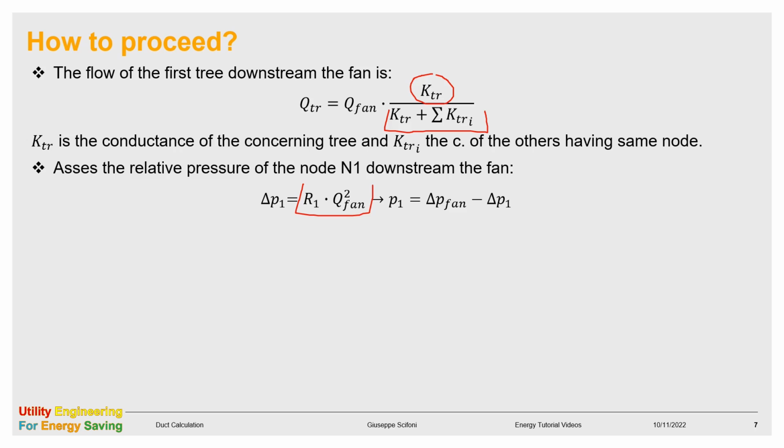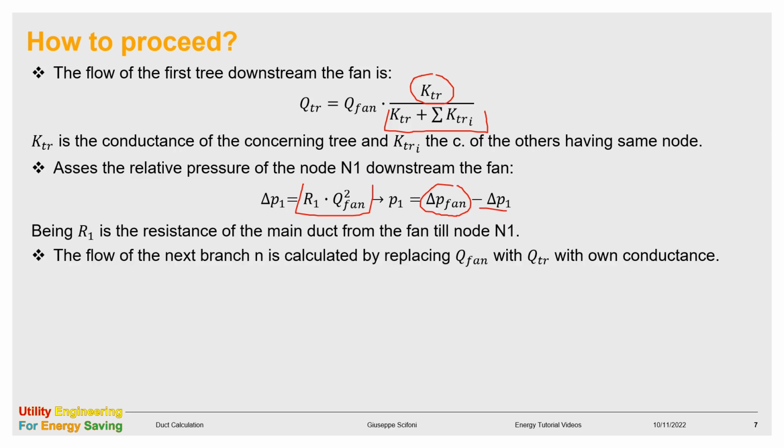The pressure of the node is the difference between the delta P of the fan and the delta P calculated aside. The flow of the generic branch N is calculated by replacing Q fan with Q of the tree, with their own conductance.